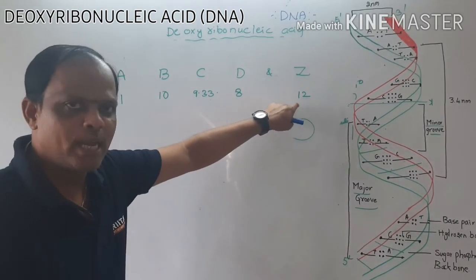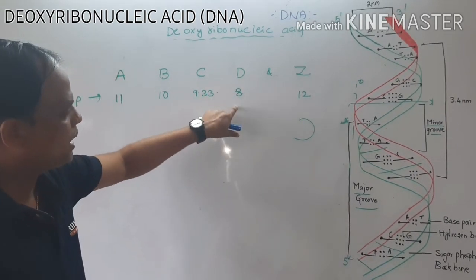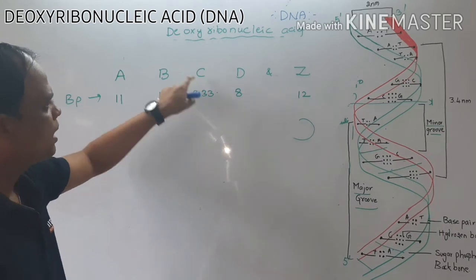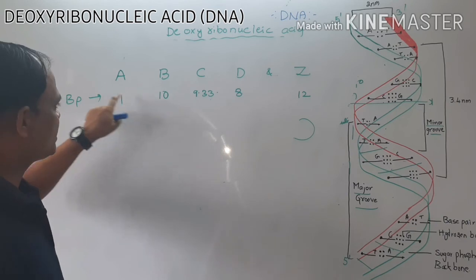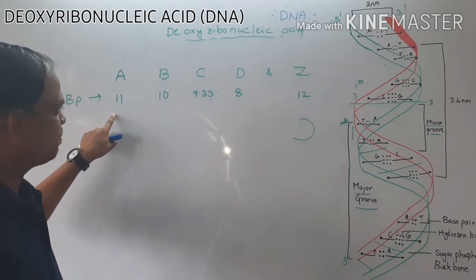So D is 8 base pairs, C is 9.33, B is 10, and A is 11.